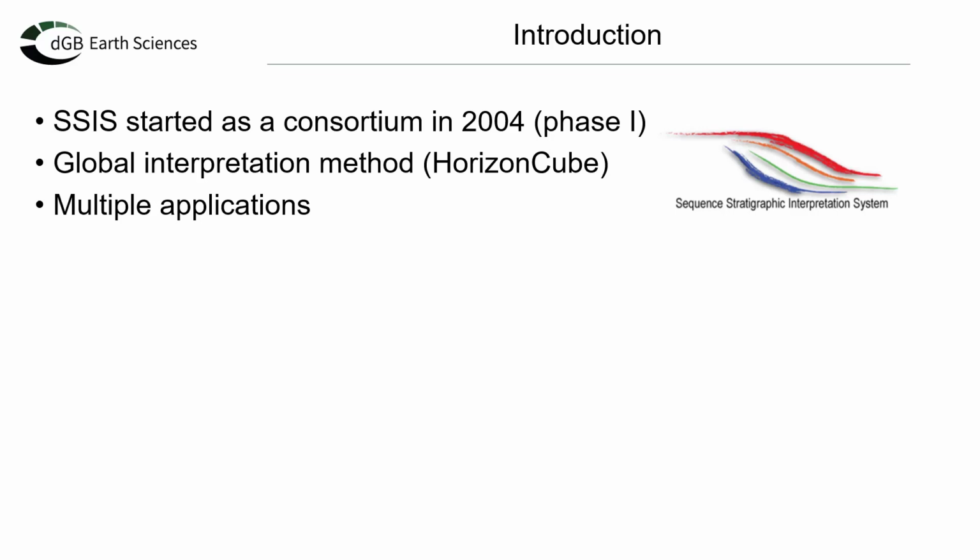And this is especially evident when we use the structural domain in combination with a flat-end or Wheeler type of scene in OpendTect, which we will have a look at in the demo. So that's just to give you a brief introduction to SSIS.